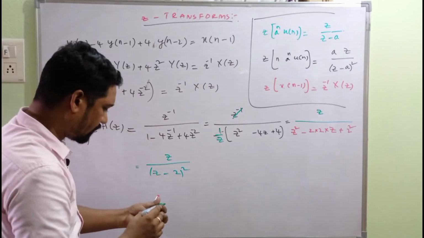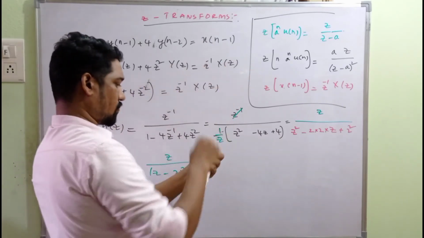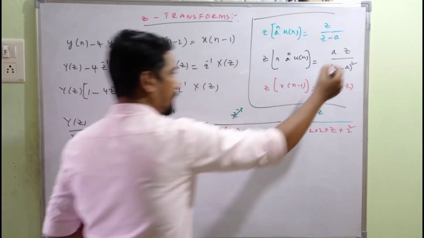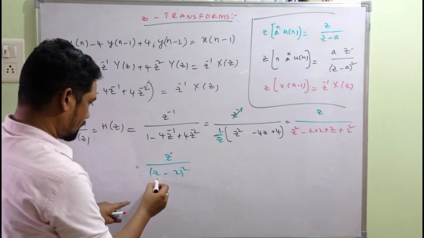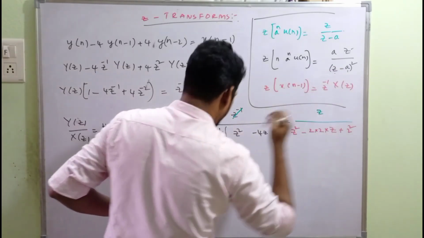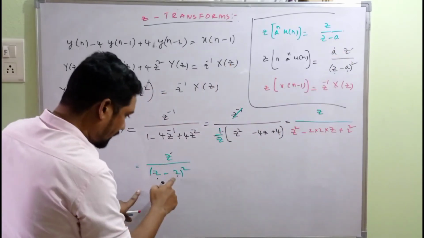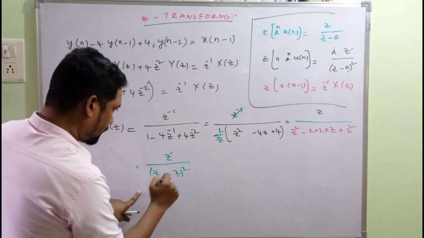We have this a over here, we have this square, we have z in the numerator, and this is our z. We have a being this one, and even we have the square, but we don't have this a over here. What is a in this case? It's 2.